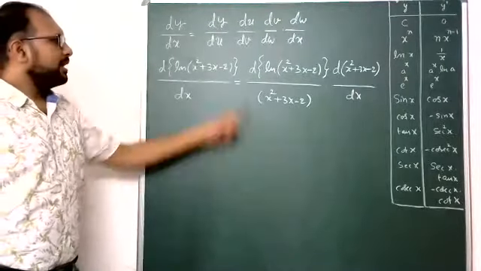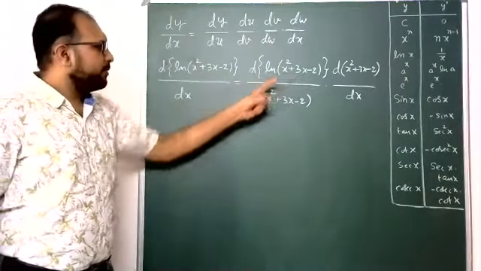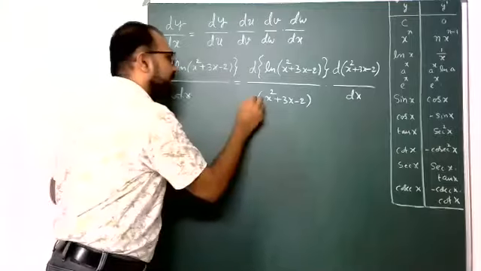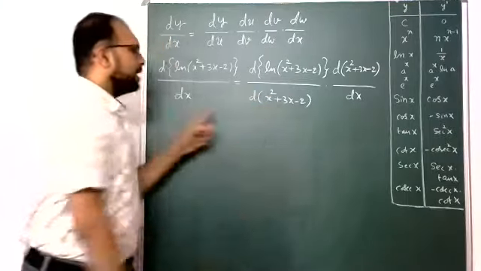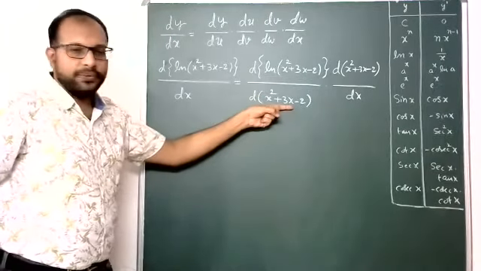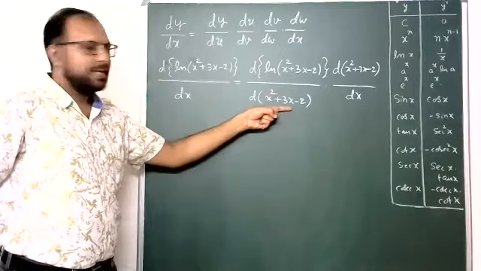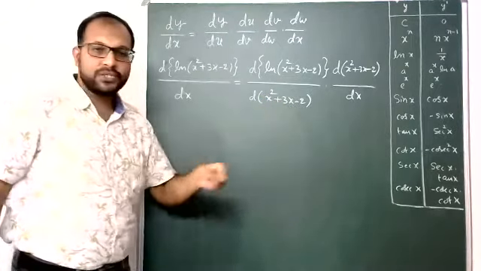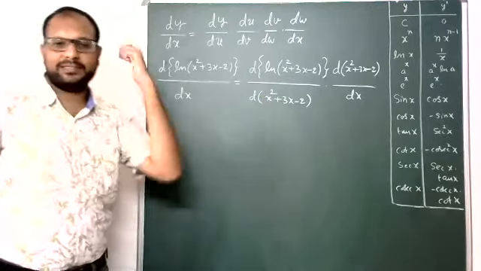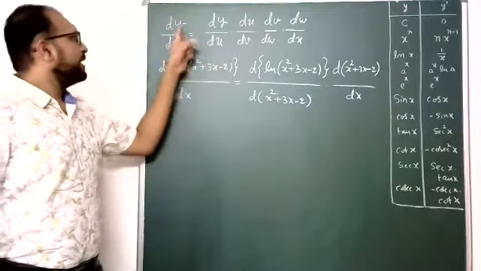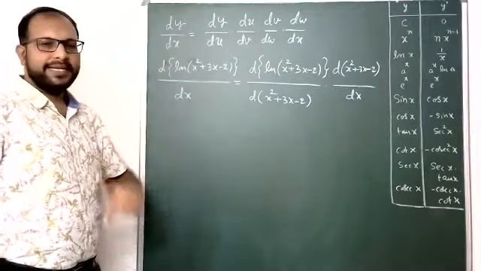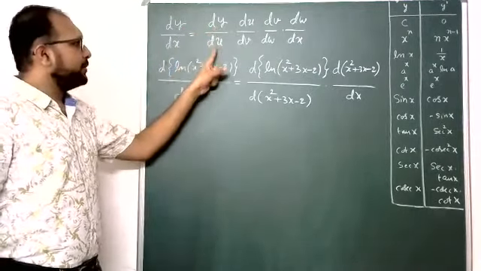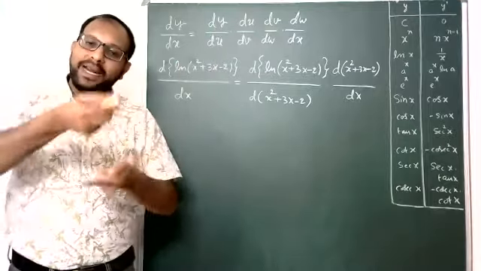So here u, it is one function again, u is nothing but x square plus 3x minus 2, again a function in x. So dy by dx, how am I writing? dy by du into du by dx.